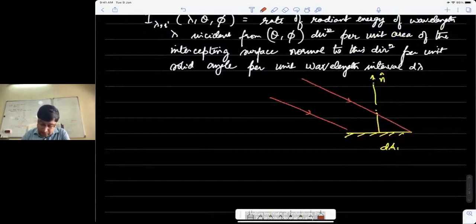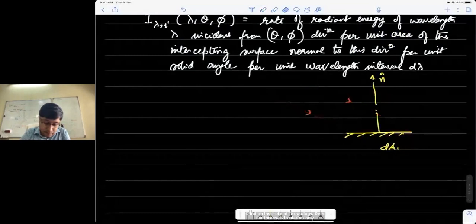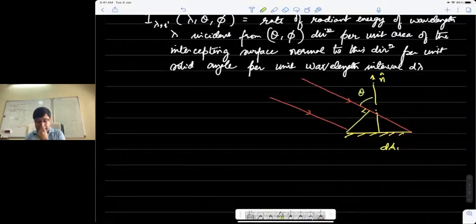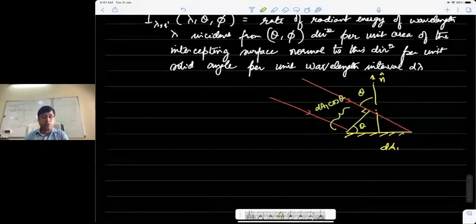So what I'm saying is that for characterizing this radiation, we need to take the area which is the projected area along this direction. So if I say that this surface or the normal vector makes an angle θ with the incident radiation, then this angle is also θ, and so the projected area is dA1 cosine θ.